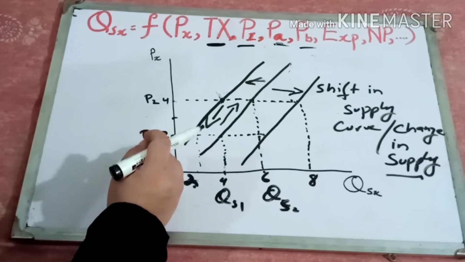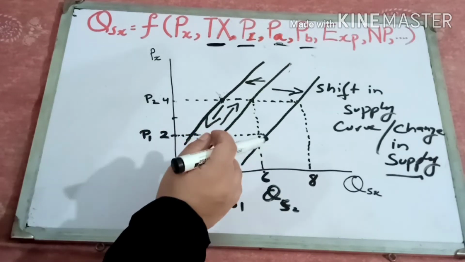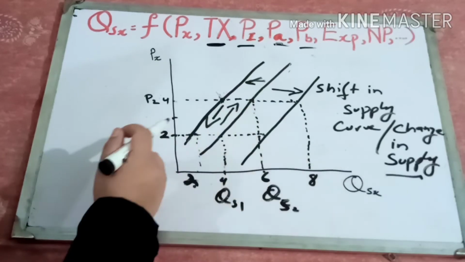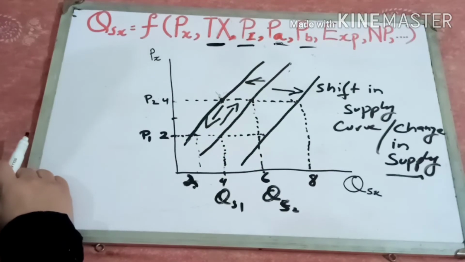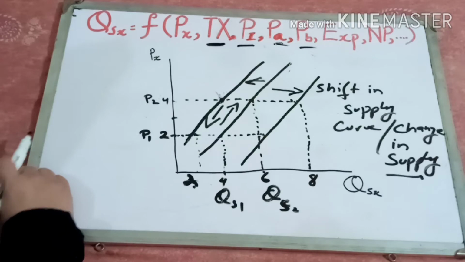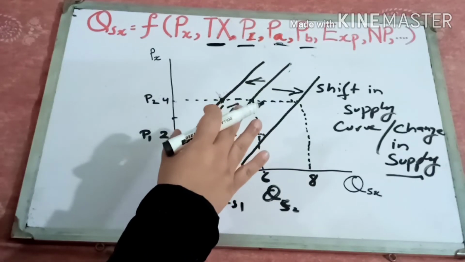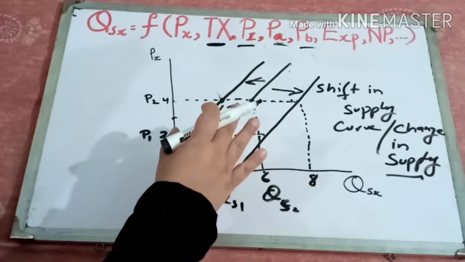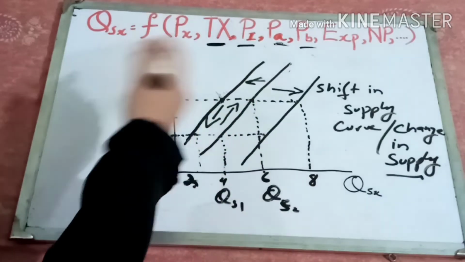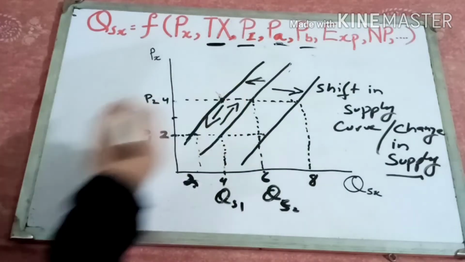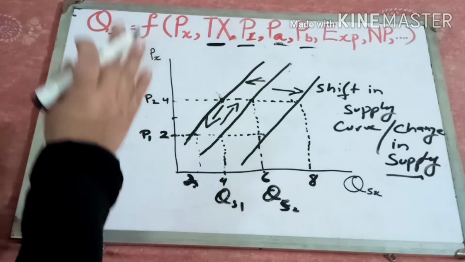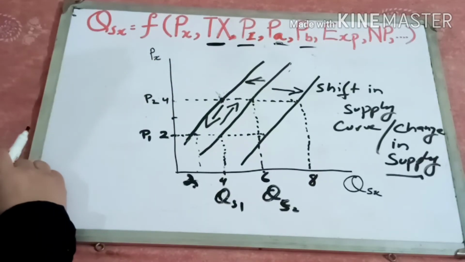A decrease in the price of a substitute good causes an increase in the supply of the given good. The opposite set of relationships holds for goods that are complements in production. If the price of the complementary good increases, the supply of the given good increases.